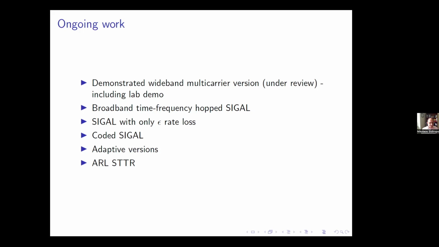We have a number of things coming up. We are also working on coded signal alignment using error control coding, for example, in time and space. We are working on adaptive versions that will bring complexity down to something that is implementable in real time using FPGAs at relatively high rates.